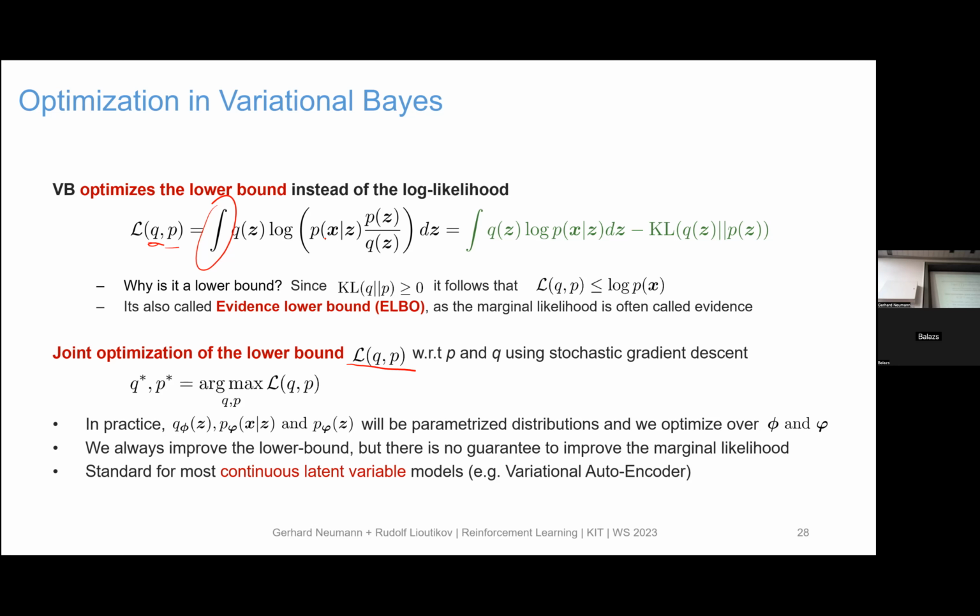So you would need a lot of samples to approximate this expectation, right? So basically optimizing the lower bound is much easier because you can just do stochastic gradient descent and even just use one sample of z, one sample of x. You can do it.